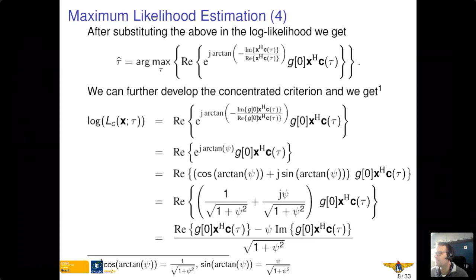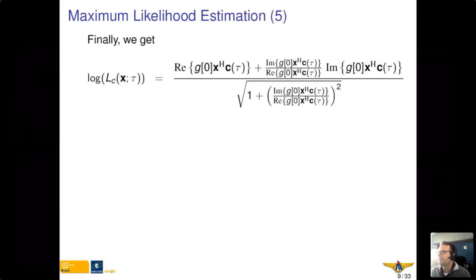the real part of g of 0 x Hermitian c minus psi times the imaginary part of g0 x Hermitian c, divided by the square root of 1 plus psi square. Now we can plug in again the argument from the arctangent, and we arrive at this formulation.